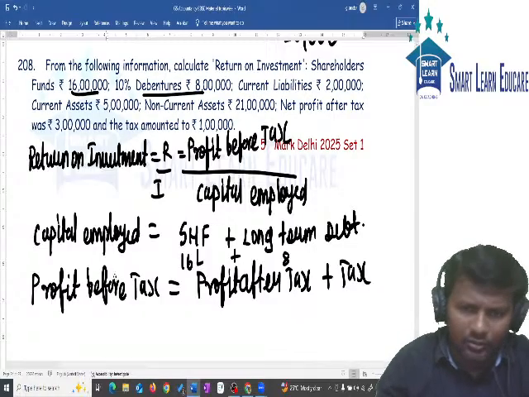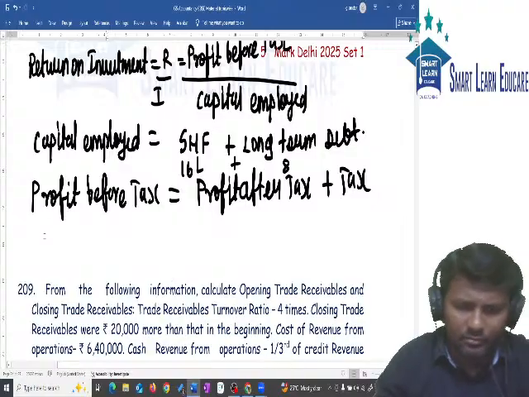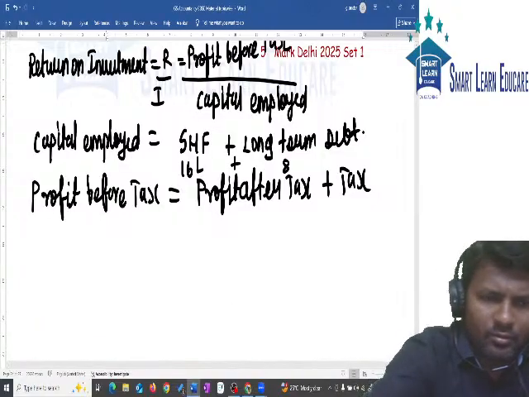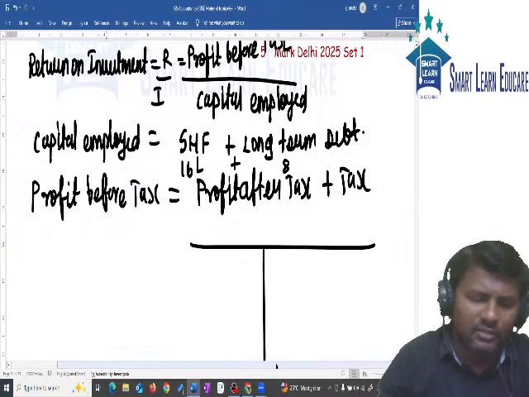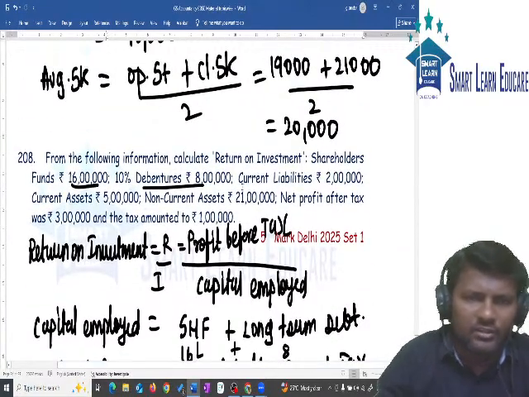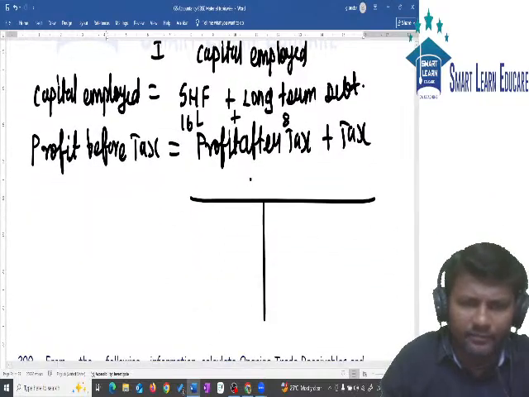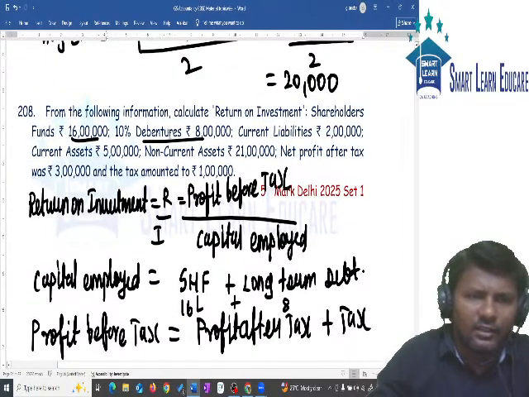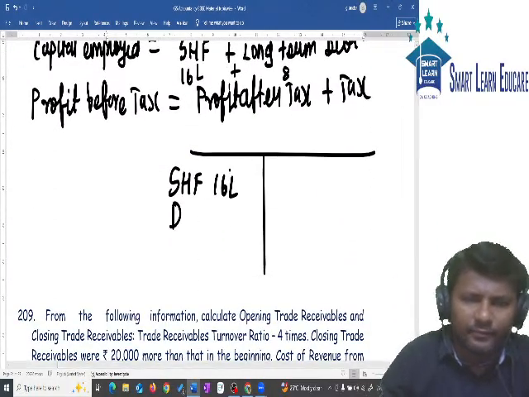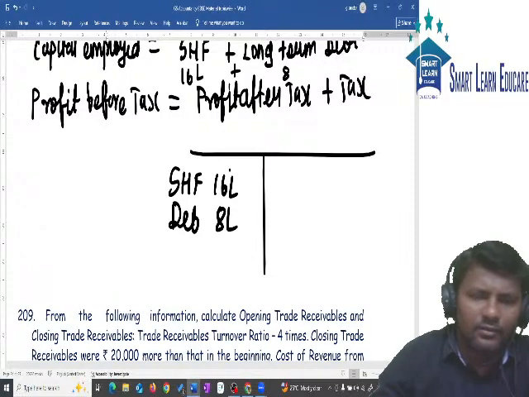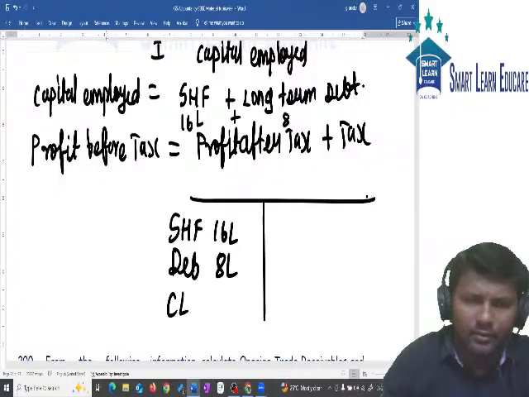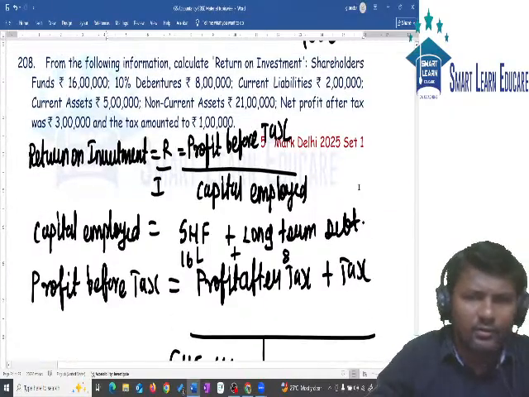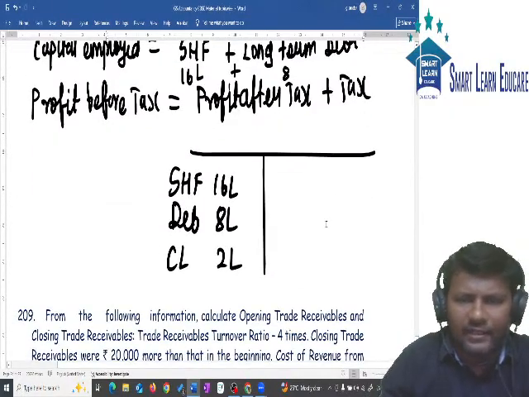They have given current assets and all. Just prepare the balance sheet once, and if any other information is missing you'll know. First, shareholders fund is given as 16 lakh. Next, debenture is 8 lakh. Next, current liability 2 lakh. Next, current asset 5 lakh.